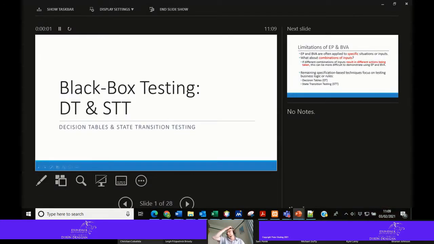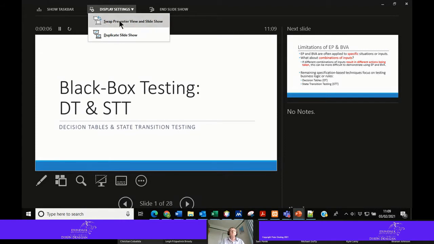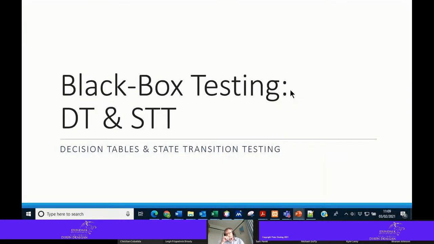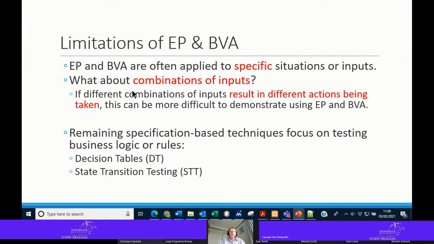decision tables. Okay, so our black box testing, decision tables and STTs, or state transition testing. So again, the idea here is that our EP and BVA are normally applied to what we call specific situations or inputs.